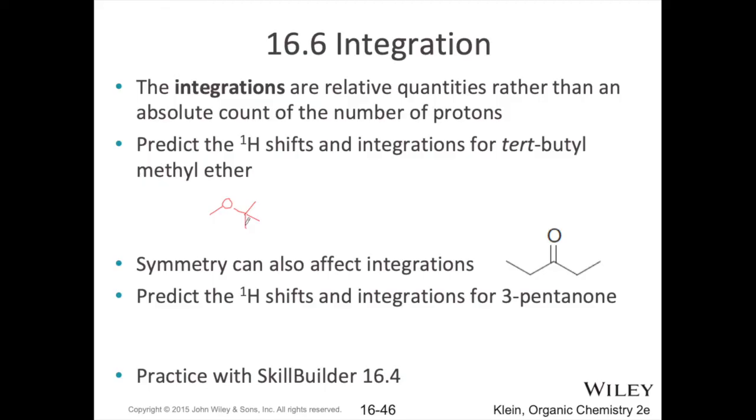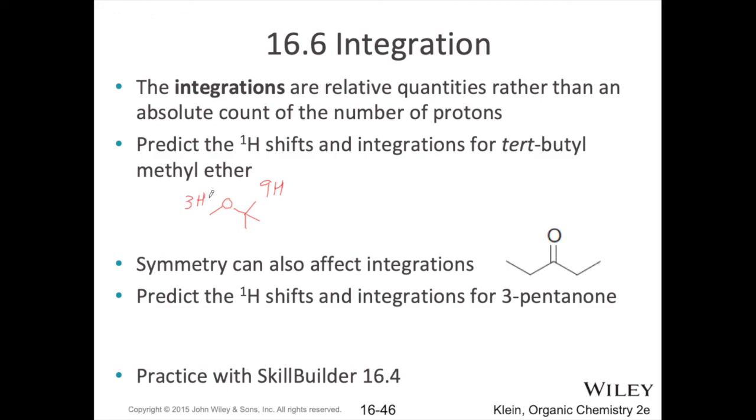Each of those are homotopic with each other, and each set of these is also homotopic with each other. So all 9 protons here are going to be equivalent. So you have 9 hydrogens over here that are going to give rise to one signal. Likewise, these 3 hydrogens here are going to give rise to another signal.